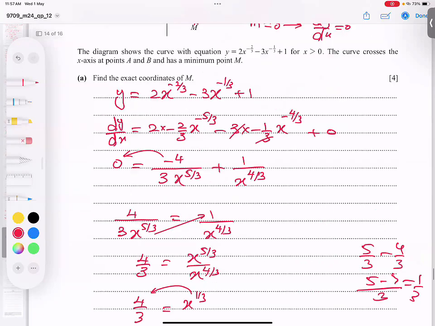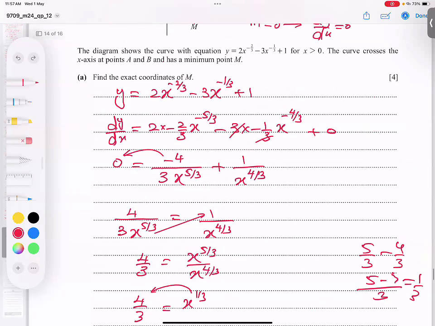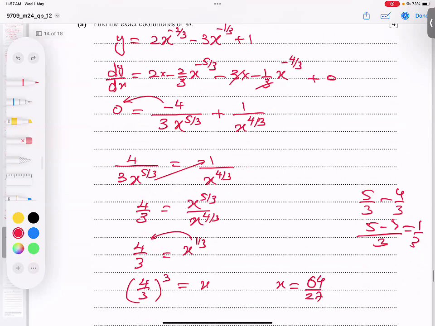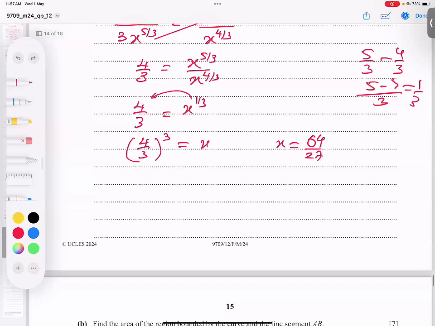But he said exact coordinates, so he's asking for the y coordinate as well. And I am going to plug into this equation. When I plug into this equation, I will bring the denominator and make the power positive, because you can type the negative power even, but it is better to put it this way.